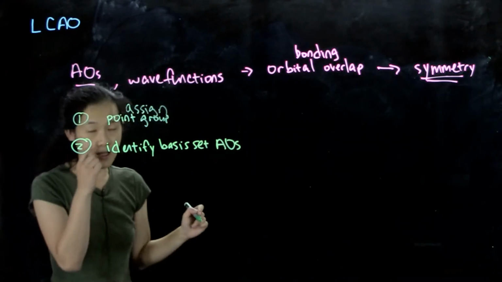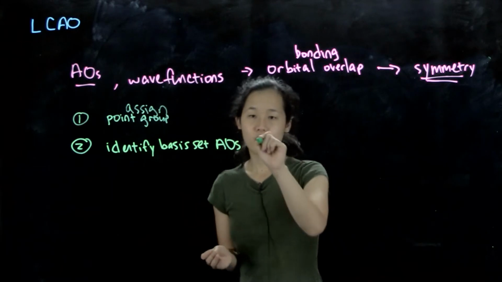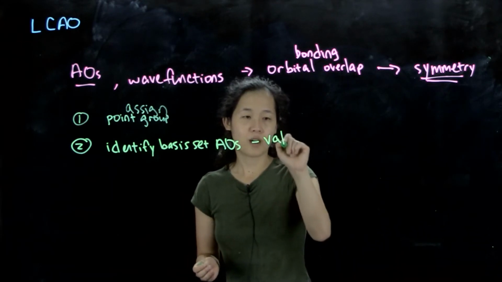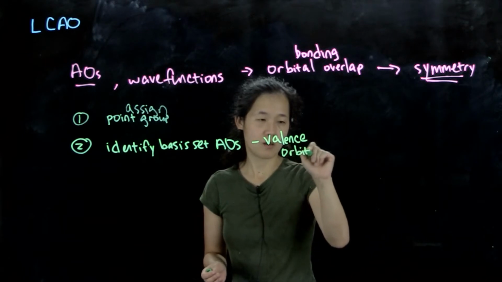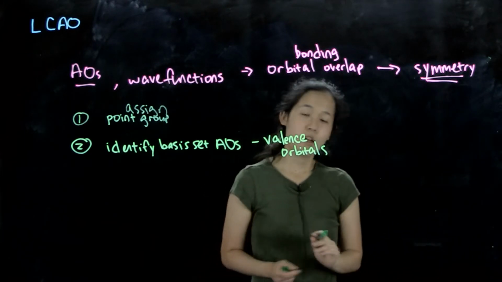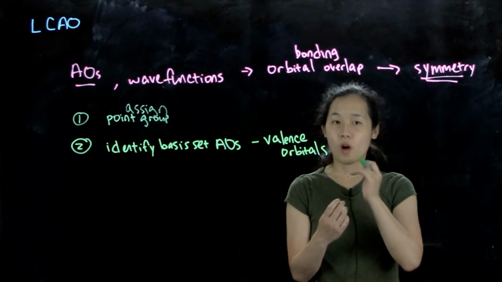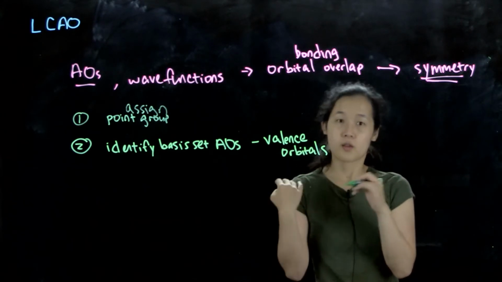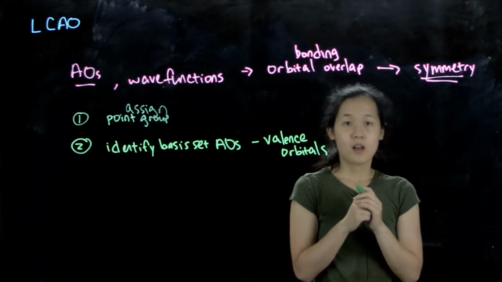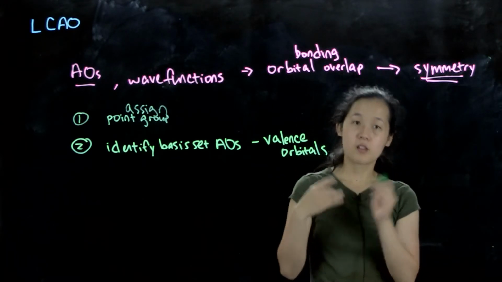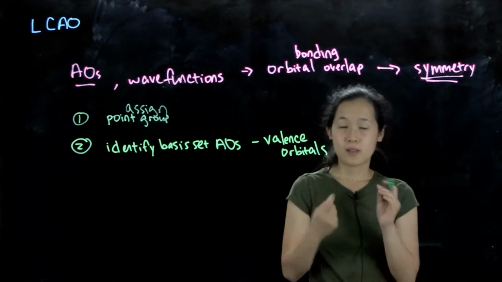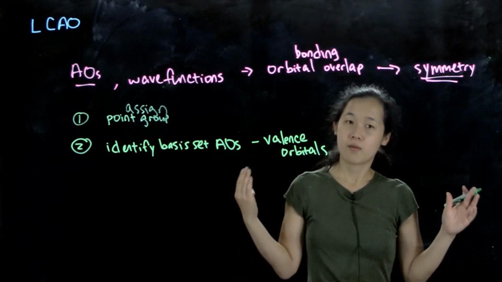The most important atomic orbitals in your molecule are going to be the valence orbitals of each of your atoms. This is because the valence orbitals are the highest energy ones and the biggest ones, so they're the ones that overlap. If you think about a sulfur atom, which has 1s, 2s, 2p, 3s, 3p orbitals, the 1s orbitals are very contracted.